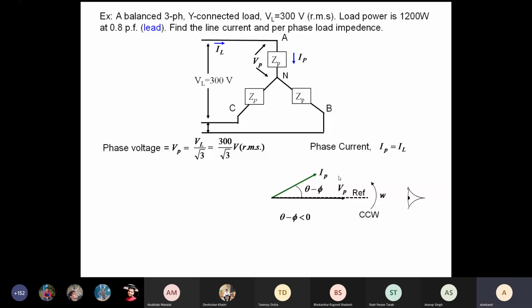In the way we have introduced the subject, theta is the voltage phasor and phi is the current phasor. The voltage phasor we assume to be ahead of the current, and then theta minus phi was positive. But here the current phasor is ahead, so theta minus phi is negative. Okay, so what type of load is it?